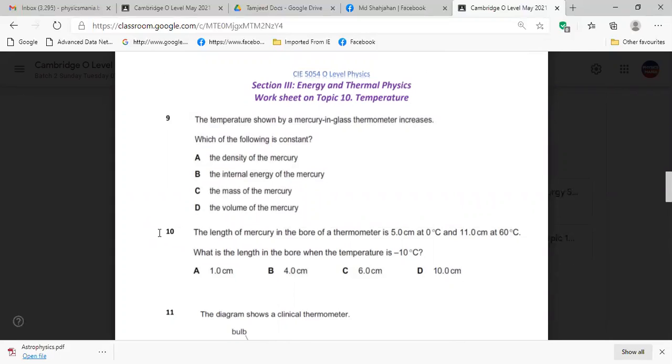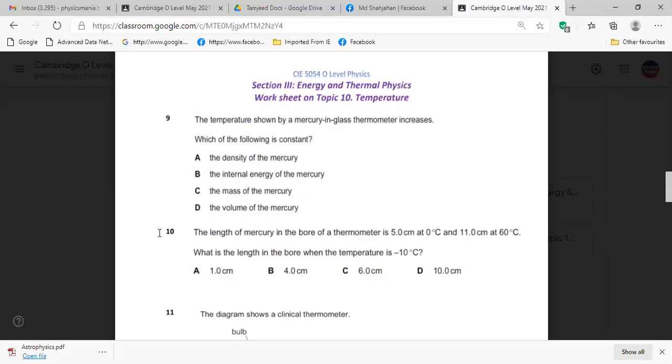Now, which one you couldn't answer? 9. So check now 9. I think you can be able to answer now. The temperature shown by a mercury in glass thermometer increases. Which of the following is constant? That is the mass of the mercury, right? Density will decrease, volume will increase, internal energy will increase.